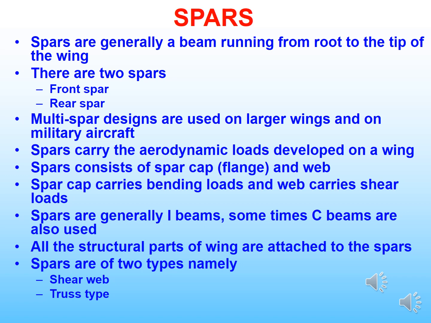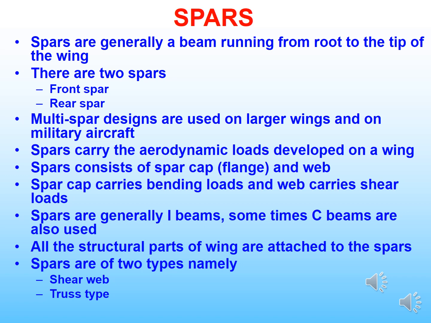The spars carry aerodynamic loads and bending loads. Also, it is made of I beams. In some cases, it is made of C beams. All the structural parts of the wing are attached to the spars.